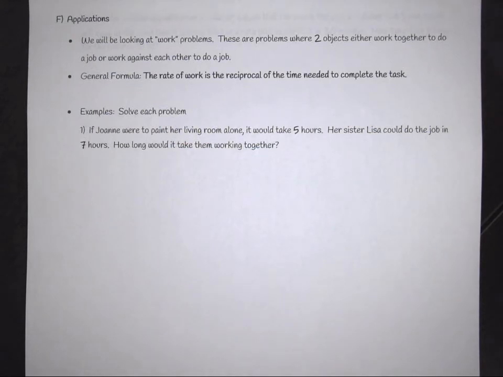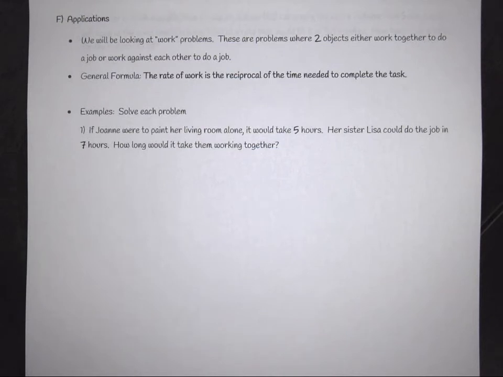For example, if I were to tell you that it's going to take me 3 hours to, say, grade all of my math exams, if I wanted to create a work problem out of it, then I would have to turn that 3 hours into the reciprocal 1/3, and that's what I would use in order to solve my problem. So I have two examples here that I wanted to look at.